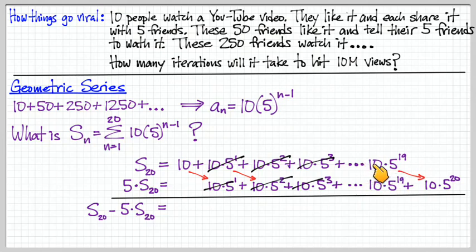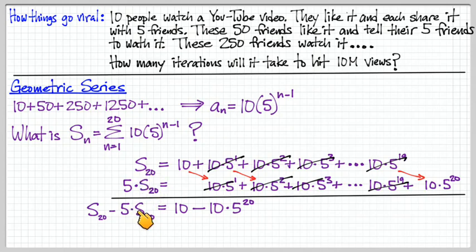Because 10 times 5 to the 19th minus 10 times 5 to the 19th is equal to 0, so they all conveniently cancel out, and now we're left with only the first term right here, 10, minus this extra new one, 10 times 5 to the 20th. Okay, so now we still want to solve for S20.